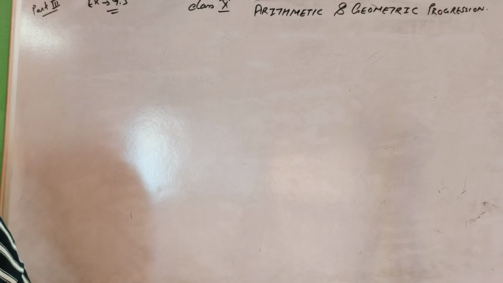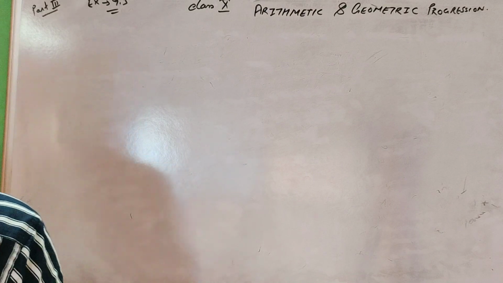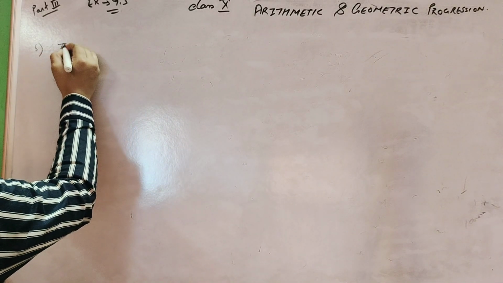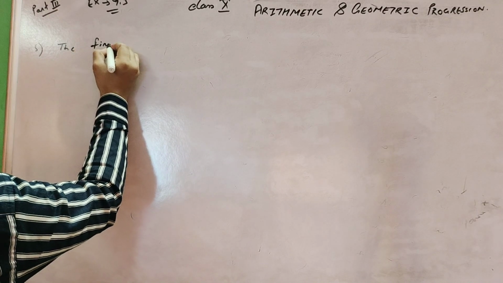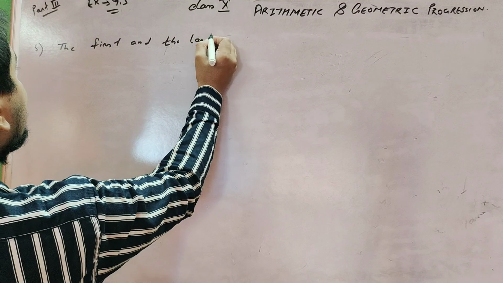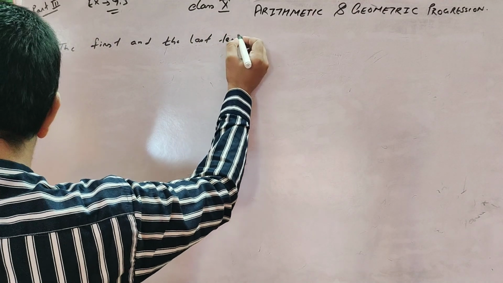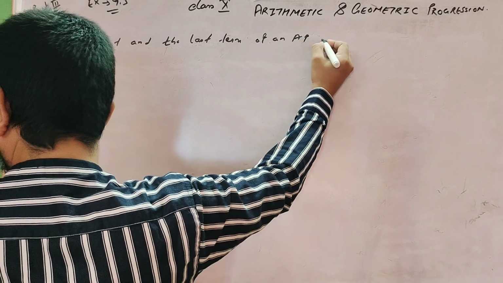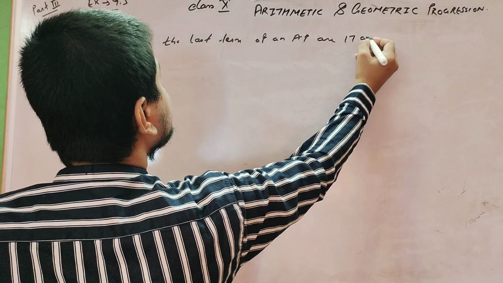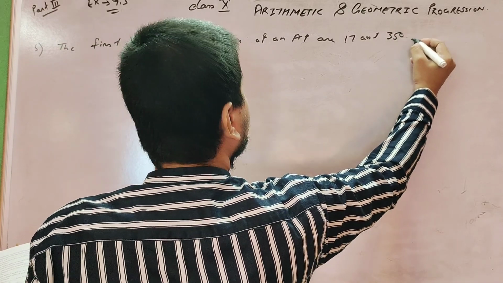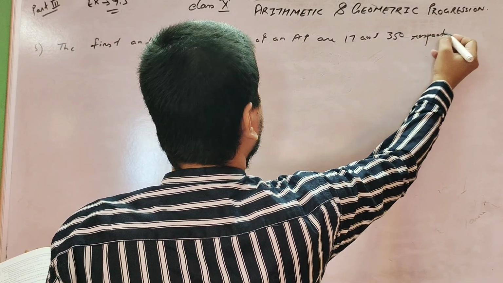Question number 5. The first and the last term of an AP are 17 and 350 respectively.